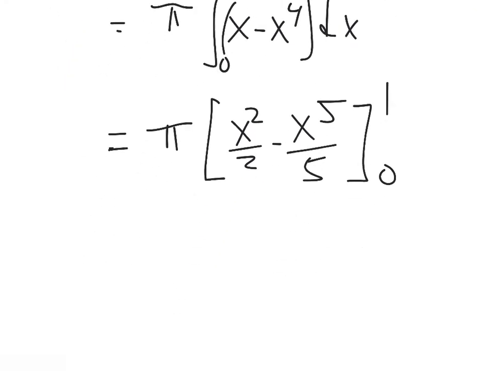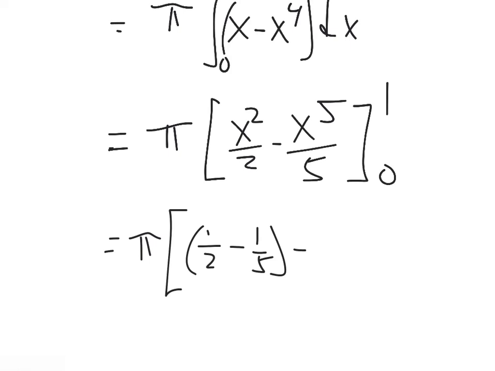And so we have pi. Now let's be real careful here. Well, the zeros are going to cancel out. I guess we don't have to be that careful, but plug in the ones. That gives us 1/2 minus 1/5, minus 0 halves, minus 0/5. That's easy enough.